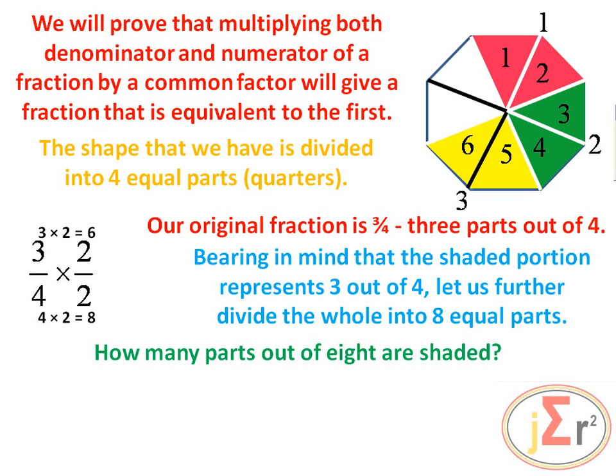Of course, 8 is the denominator. It means that the second division of the whole is into 8 equal parts, and the first division was 4 equal parts. But when we count the number of equal parts shaded in the new division, we have 6 parts out of 8.